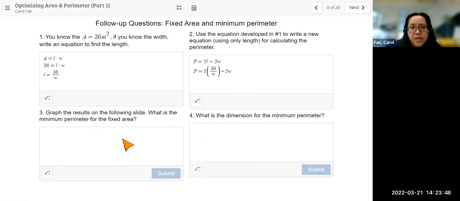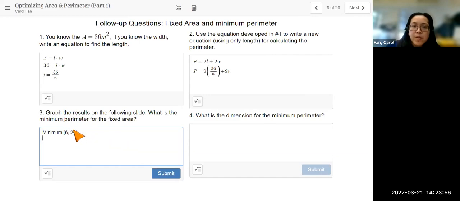Okay, so let's interpret that. What is the minimum perimeter? Well, we know that perimeter was represented by my y coordinate. So that means the minimum perimeter has to be 24 meters.